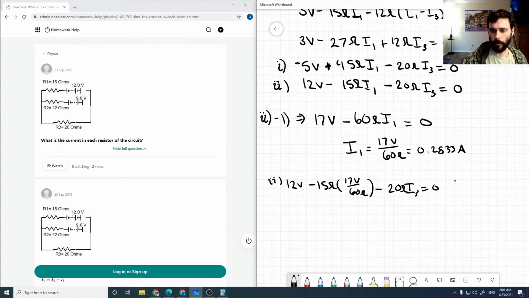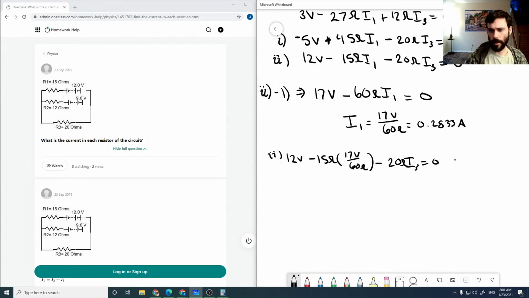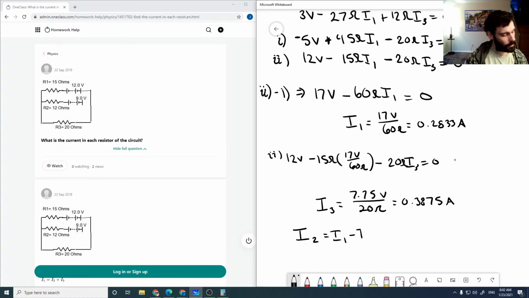So now I can rearrange this and say that I3 is 7.75 volts over 20 ohms, which is 0.3875 amps.